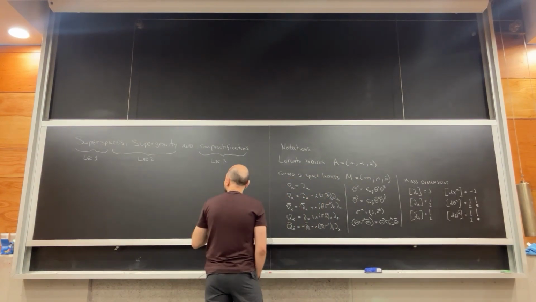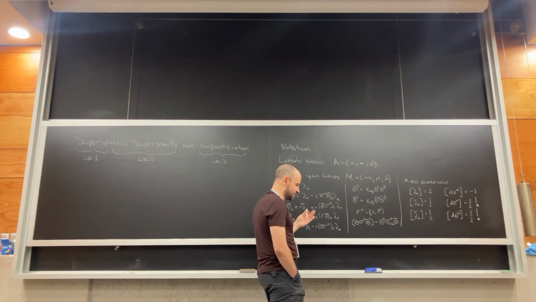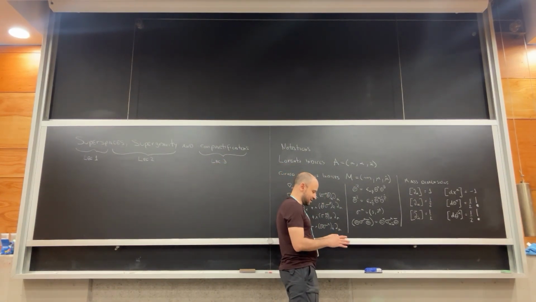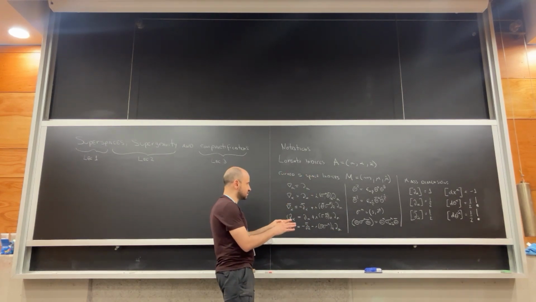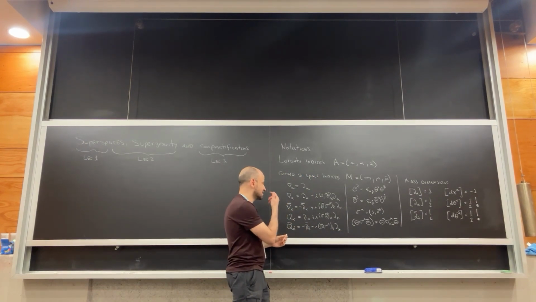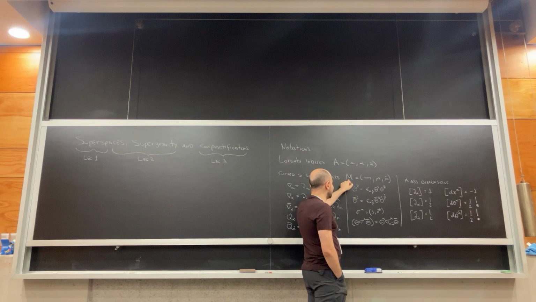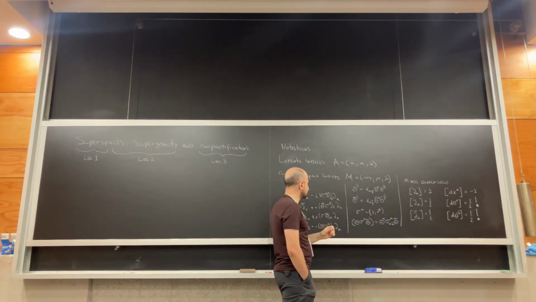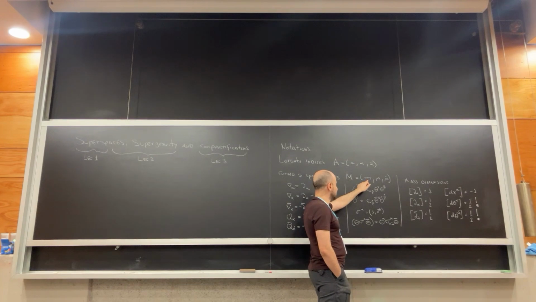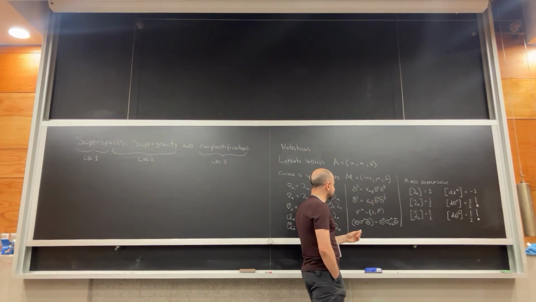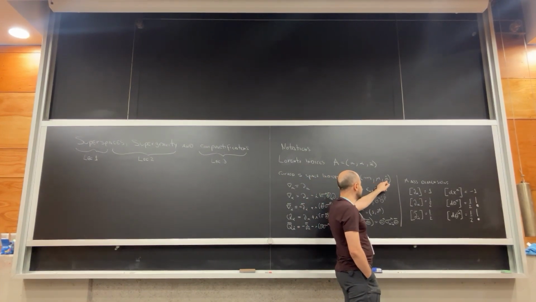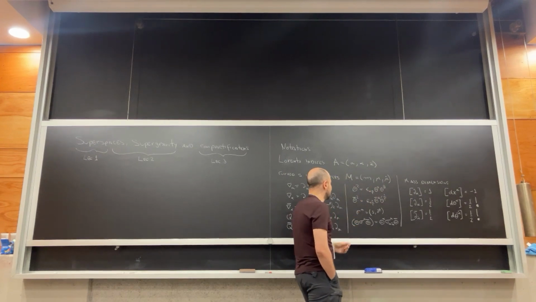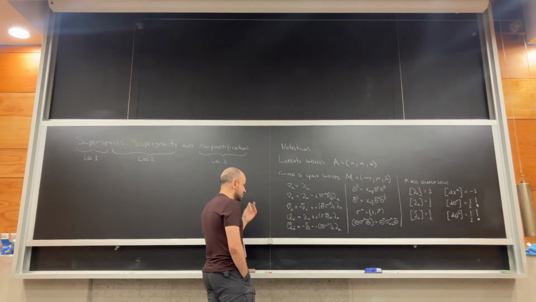And when I start talking about supergravity, I have to use curved space indices. So the indices of the local coordinates of my curved superspace. So I'm going to use a big letter M to define all the curved space indices. So the small m is going to be the bosonic directions, and mu and mu dot are the ones corresponding to the Grassmann odd directions.